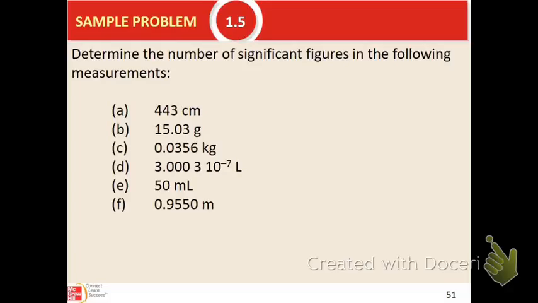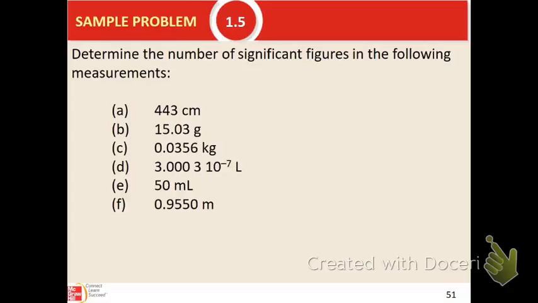Then look at letter B right there, 15.03. There are no zeros at the beginning or at the end, so we really should not have to think about that too much. It does have a 0 in it, but that 0 doesn't come at the beginning or at the end. Zeros in the middle always count, so it has 4 significant figures.